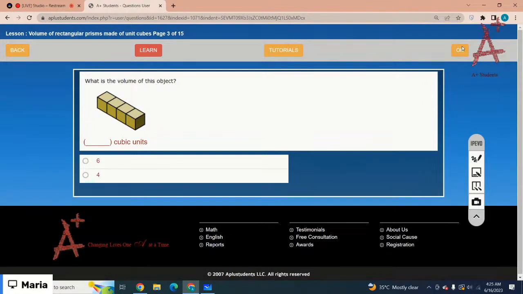Okay, what is the volume of this object? It would be, you have just one row and that have 4 cubes. So it would be 1 times 4. That would be 4. Got it?